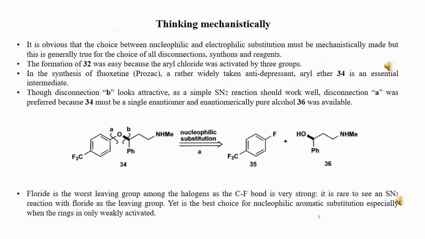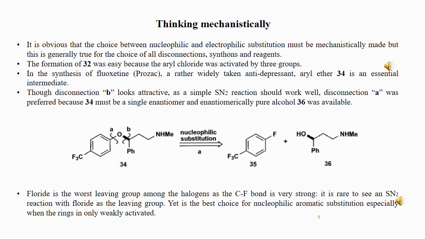Now it is obvious that the choice between nucleophilic and electrophilic substitution must be made mechanistically. This is also true for the choice of all disconnections, synthons and reagents. Whatever disconnections we make, whatever synthons we make, whatever reagents we suggest, whatever reactions we take into mind, all of these should be made mechanistically.